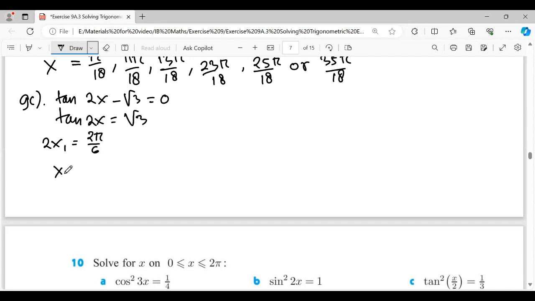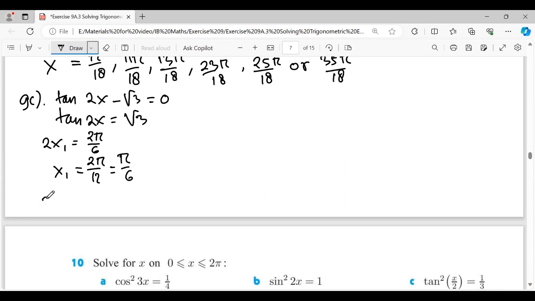So x1 is 2 pi over 12, or it is pi over 6.